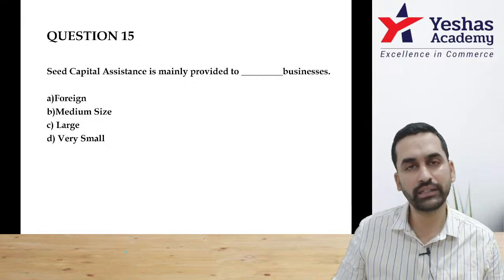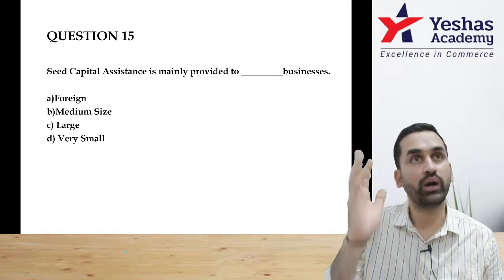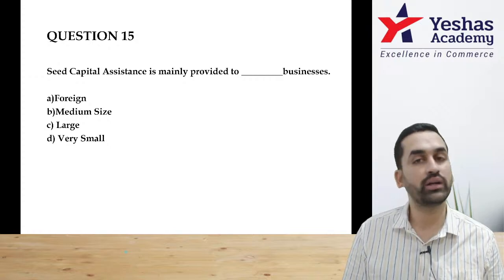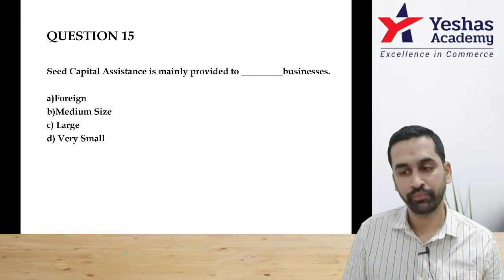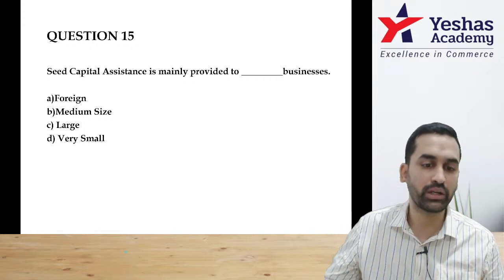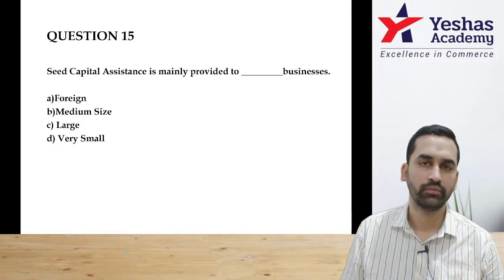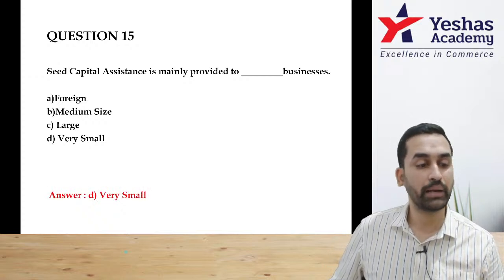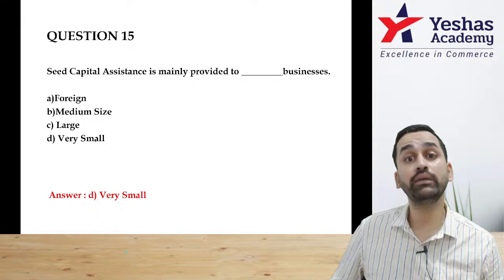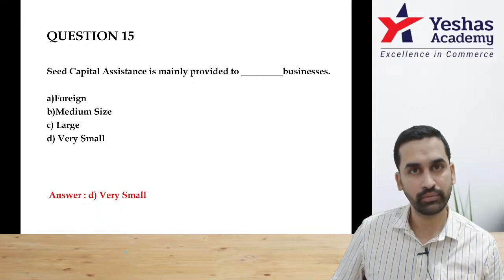And you have a lot of conditions. If your business is 200 crore worth business and you want 200 crore loan, you can't apply for loan under seed capital scheme. This is mainly set up for small businesses, correct? Which is the bank that gives you mainly seed capital assistance, given by IDBI, Industrial Development Bank of India.